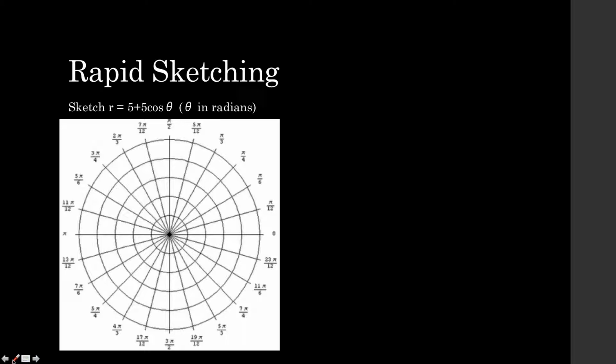So if you're looking at this in radians, okay, so what I'm going to do first is notice this is one of our to infinity and beyond looking graphs, because we have no interval here.